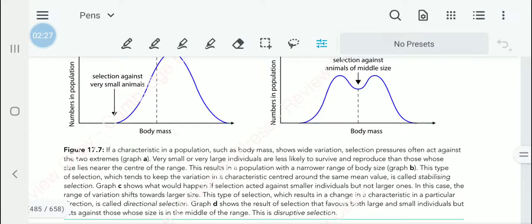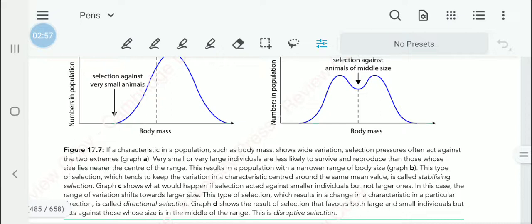In a population, if you take a characteristic such as body mass, there would be selection pressures that act against the two extremes. That means very small or very large individuals are less likely to survive and reproduce, and those in the middle will have the advantage of survival and reproduction.